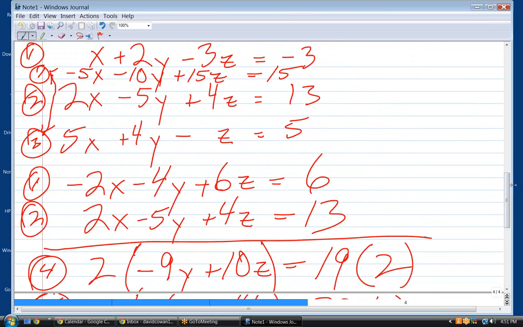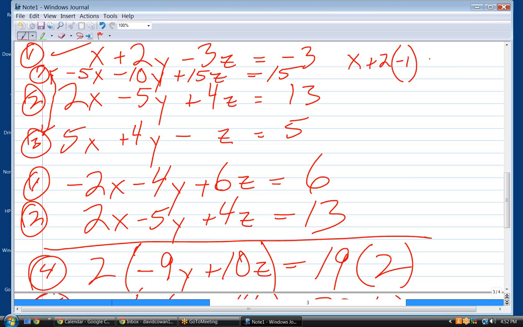Now we have to go find an equation that has x, y, and z in it. Substitute those and solve for x. Well, the simplest one I see on this page is that one right there. Okay, well, let's do it. X plus 2 times y, which is negative 1, minus 3 times z, which is 1, all has to equal minus 3.